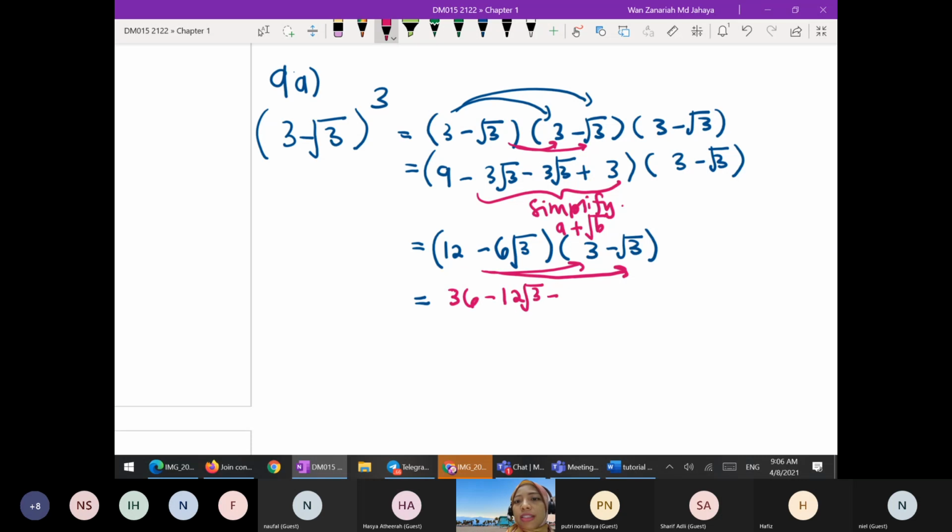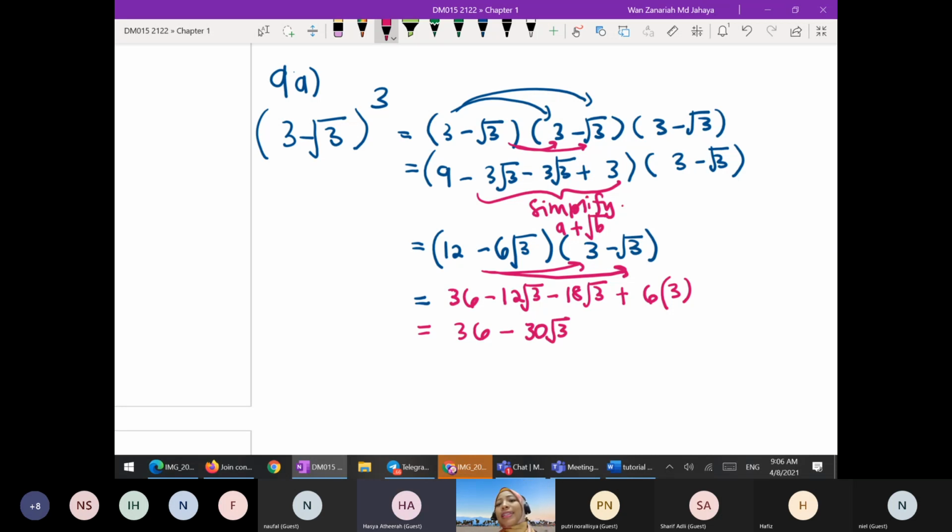12 set 3 minus 6 times 3, 18 set 3 plus negative plus 6 times 1, 6 set 3. Okay, so 36 minus negative 12u minus negative 18u. 30u.